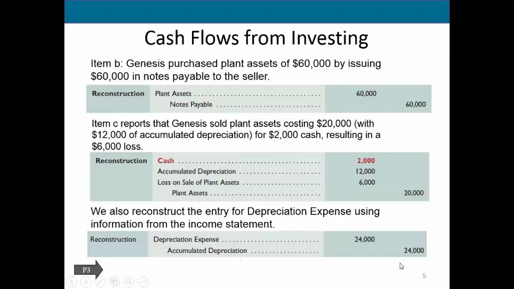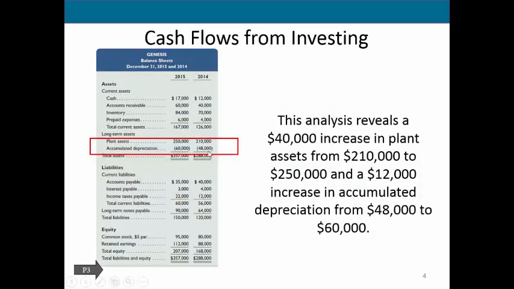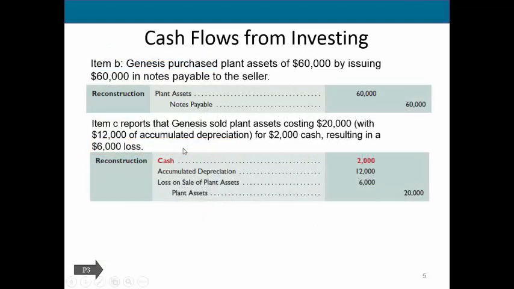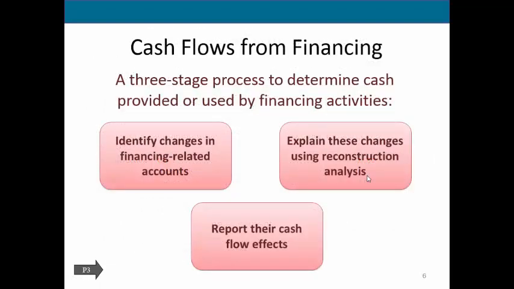Our accumulated depreciation then increases by $24,000. So this increase of $24,000 and decrease of $12,000, that's what we're seeing over here as that overall increase of only $12,000, because this activity ends up netting to an overall increase of $12,000. So that's what happened in our investing activities.